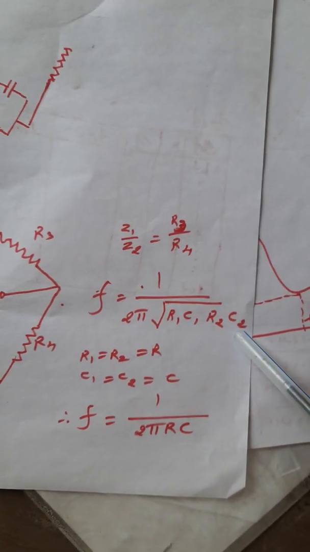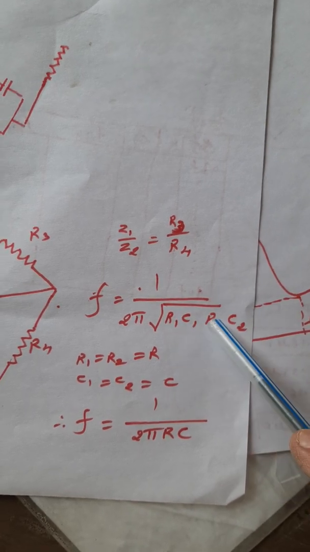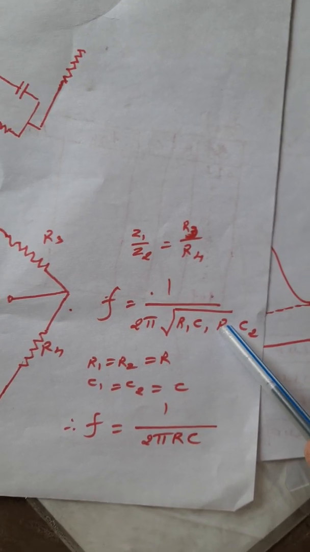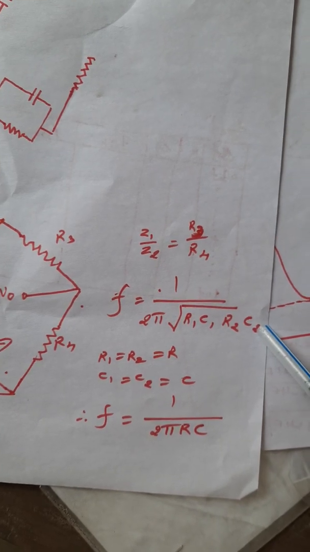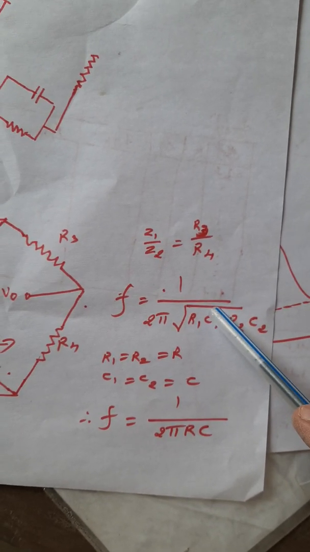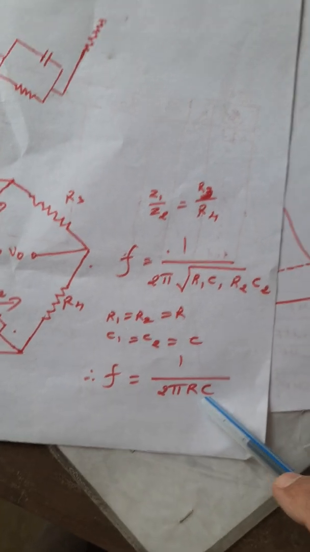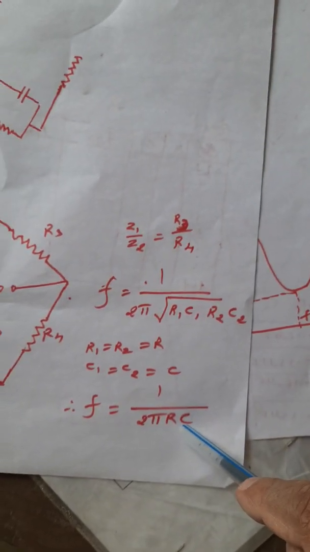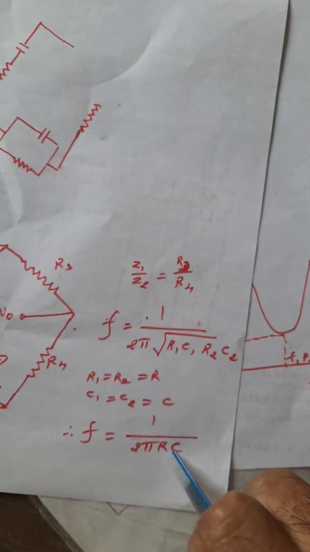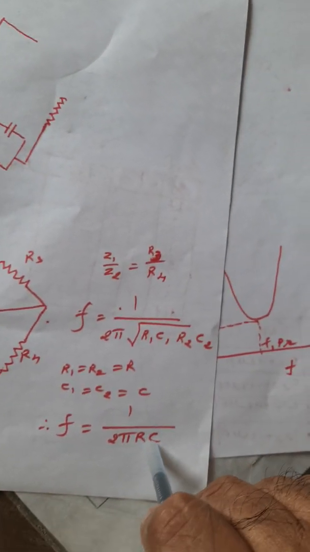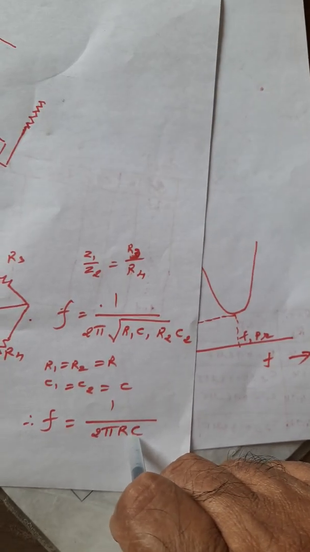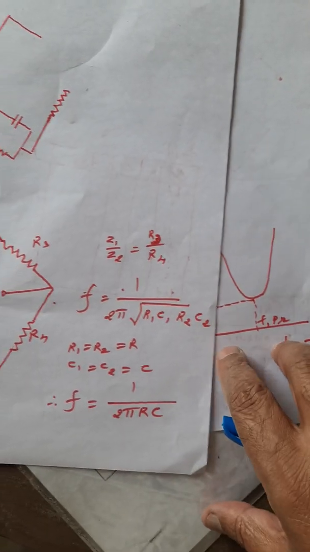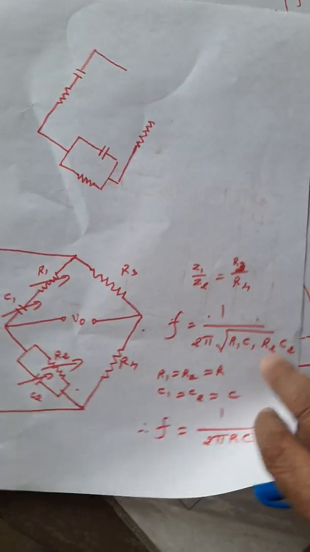But if we consider that R1 and R2 have the same value, and similarly C1 and C2 have the same value, then this equation reduces to F is equal to 1 upon 2 pi RC. The condition is that both resistance values are the same. Similarly, the capacitor in both the branches has the same value.